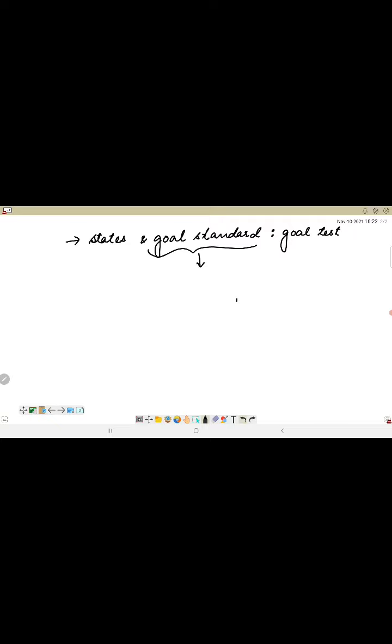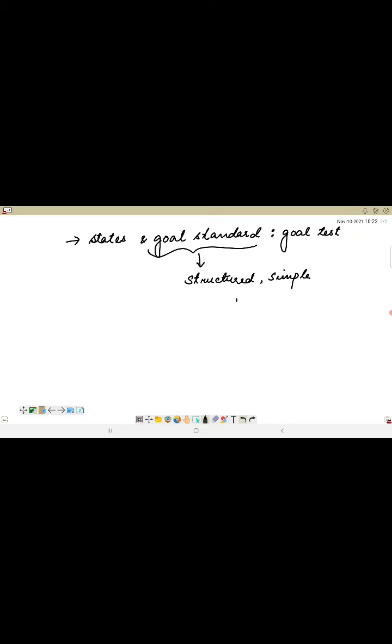The goal standard is extremely structured, simply represented, and has a well defined structure informing the standard of that particular goal test.